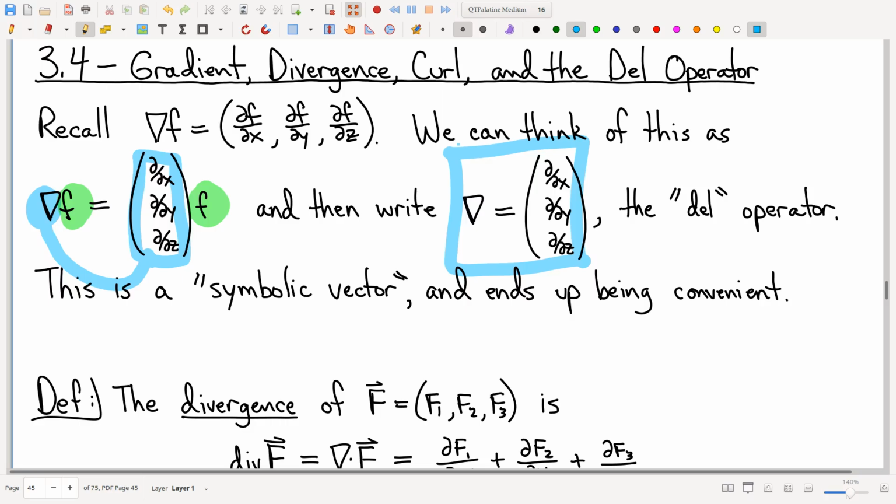But this differential operator, a vector where the coordinates are just the partial operators themselves, if you apply it to a function f, you would actually get the gradient. It's just what it would look like when you smash that into that. So I hope that seems like a reasonable thing.